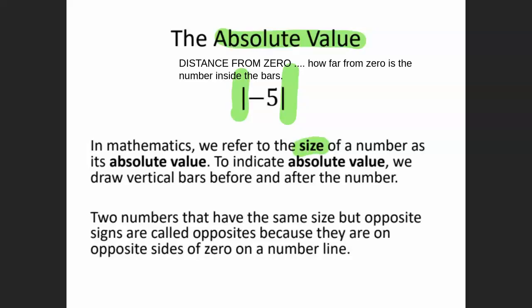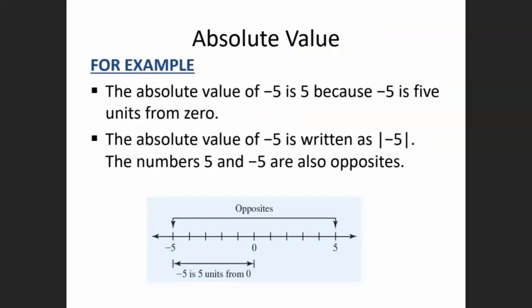So the absolute value has bars. The absolute value of -5, and notice we are using the words instead of the symbol. That phrase is saying around -5 I have bars.